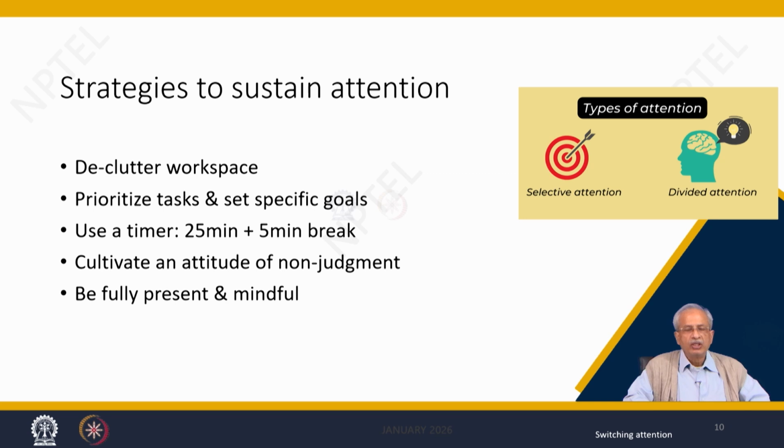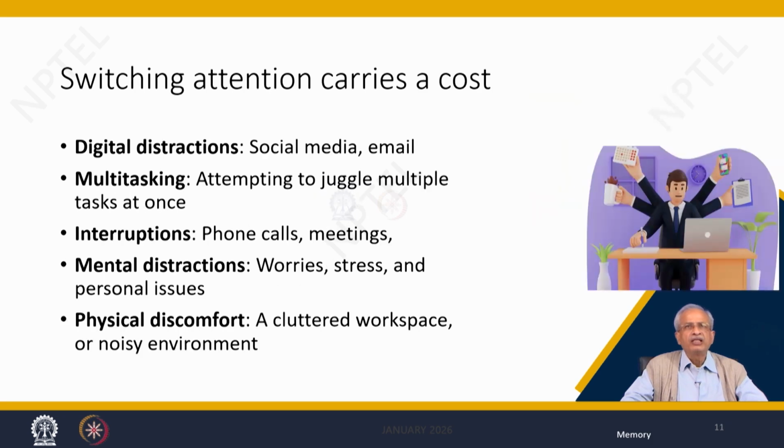So, I will tell you what will happen if you try to learn certain things while doing so many other things simultaneously. Let us try to see. If you switch attention, it will carry a cost. That is, digital distraction, for example social media and email checks, will keep coming to us.